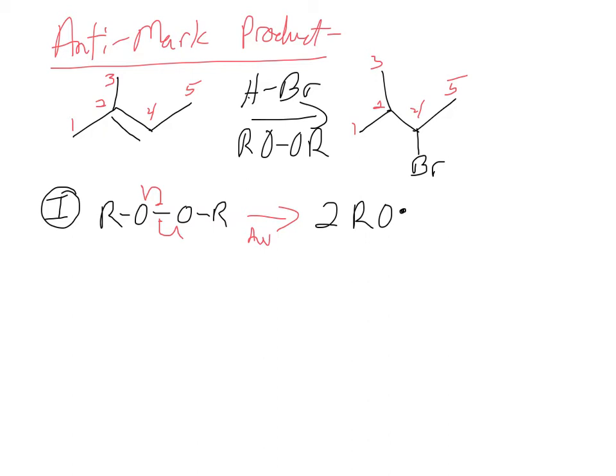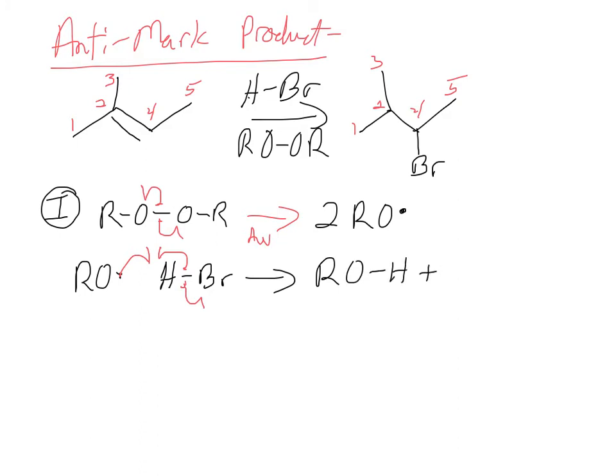So until we've made Br dot, we have not finished initiating. One of the RO dots, not 2 of them, just one, is going to react with HBr, the next weakest bond. Now we've made an alcohol, and we've made a Br dot.